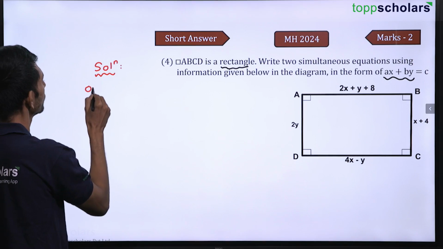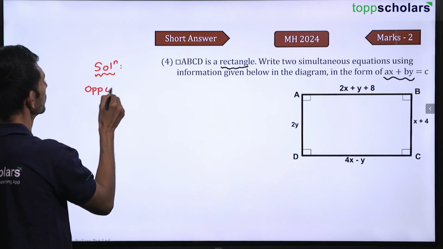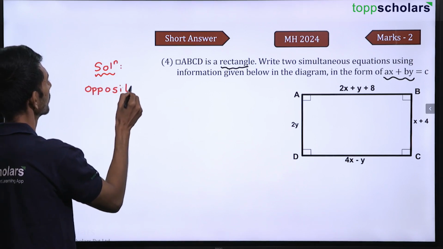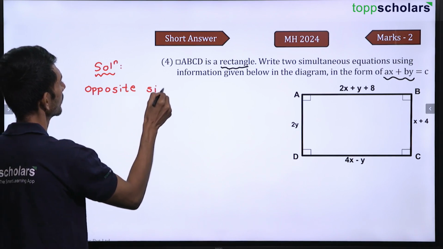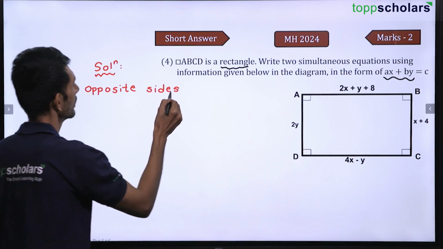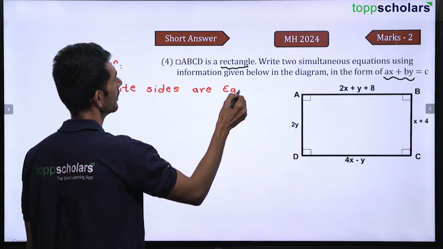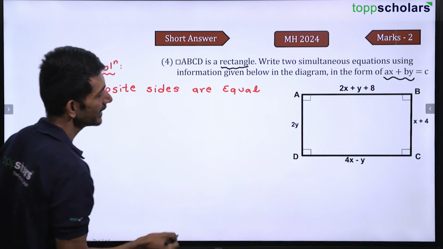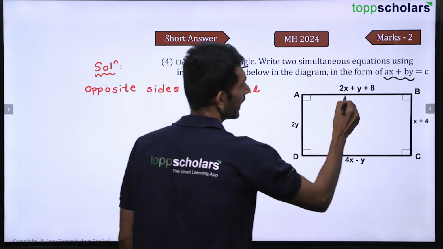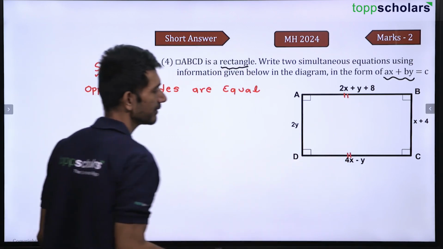We know that opposite sides are equal. So can I say AB is equal to DC?